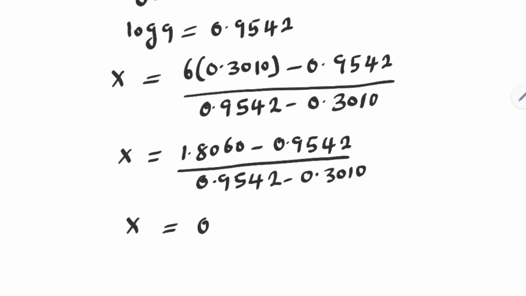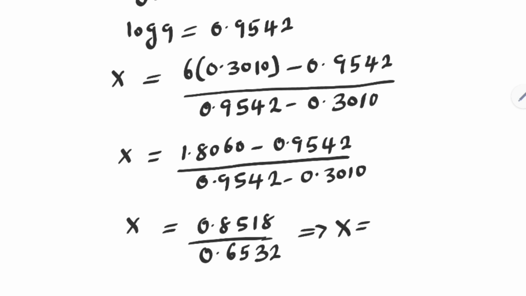This is 0.8518 over 0.9542 minus 0.3010. That is 0.6532. And this is same thing as x is equal to, if you divide 0.8518 by 0.6532, we have 1.3040.